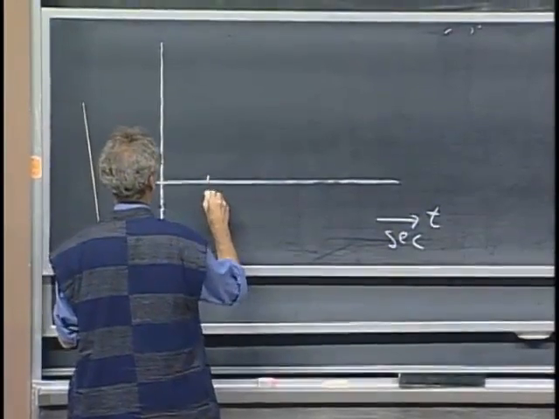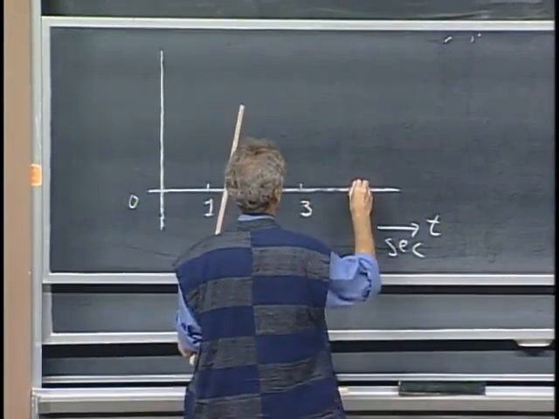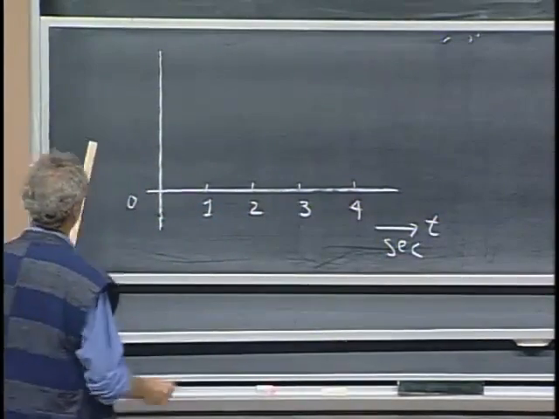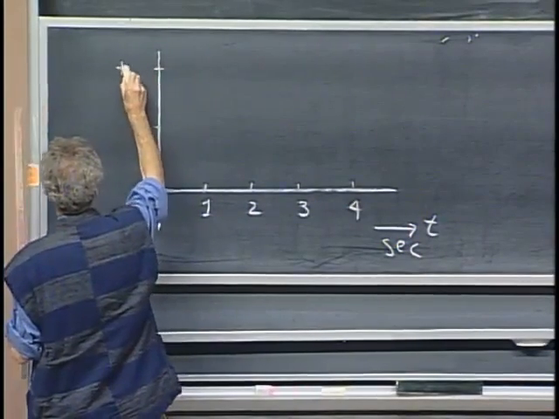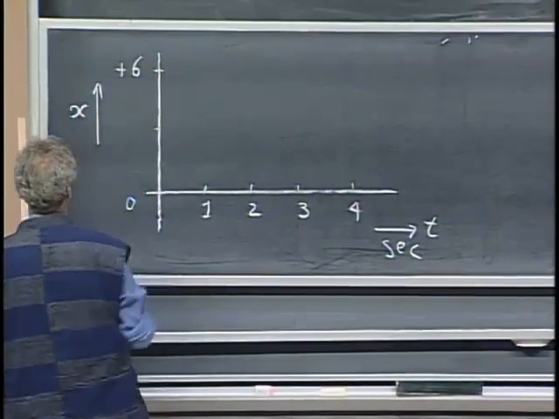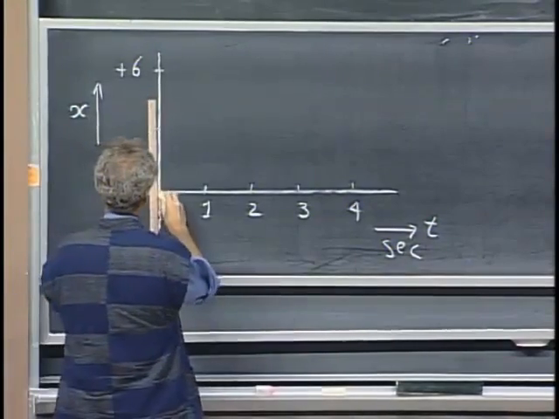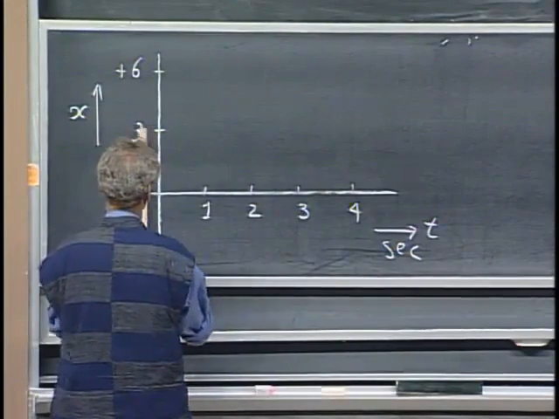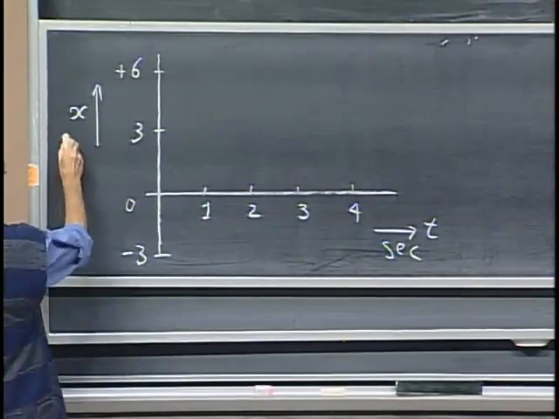So let this be 1, 2, 3, 4. And let the object be at position +6. This is my x-axis. This is where the object is actually moving. And this is 3. And here is -3. And this, let's say, is in meters.